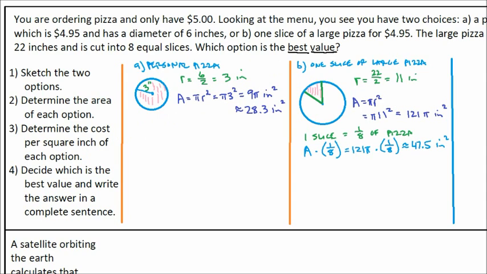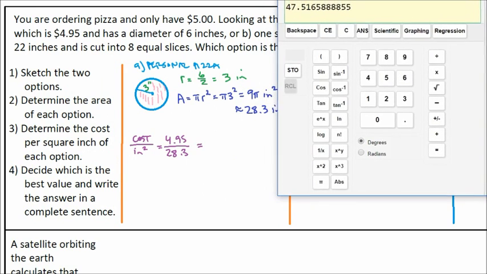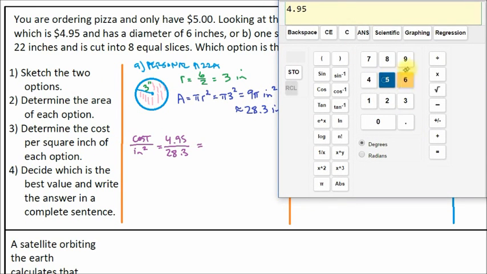If you want to know the cost per square inch of the first option, the way you do that is you say, okay, cost, remember per means divided by, cost per square inch, where it cost us $4.95, and we've got 28.3 square inches. So put that in your calculator, 495 divided by 28.3, and you end up with 0.175.